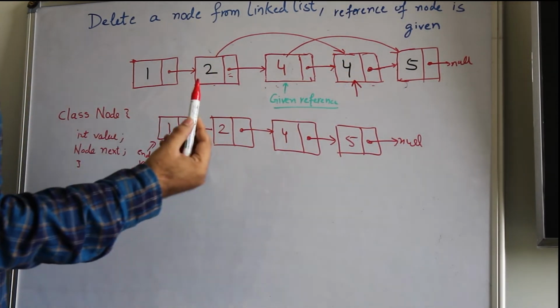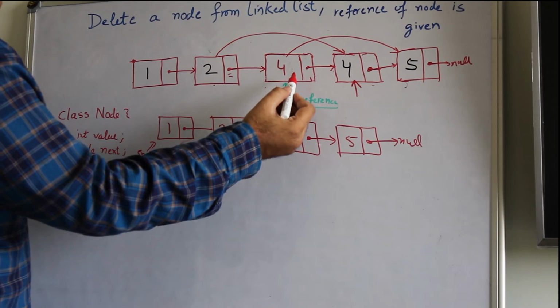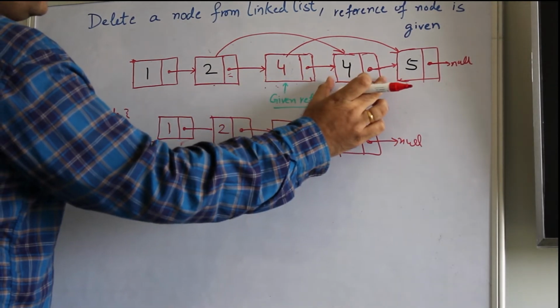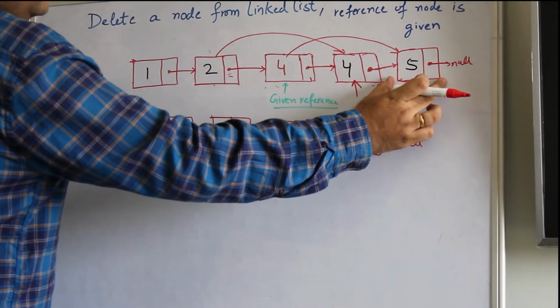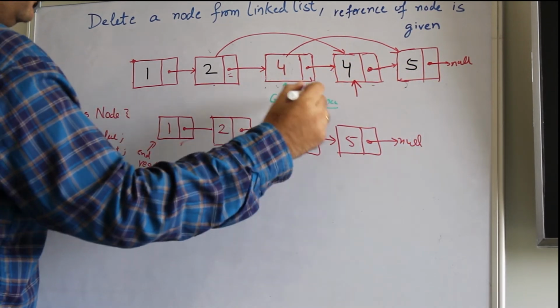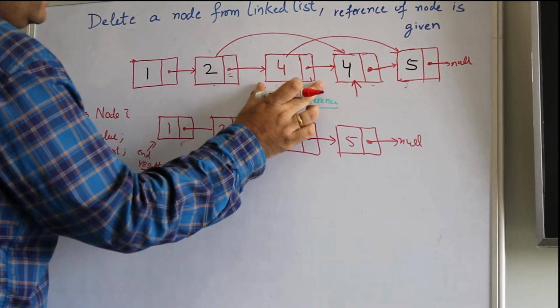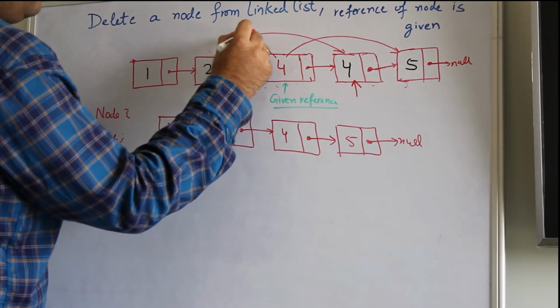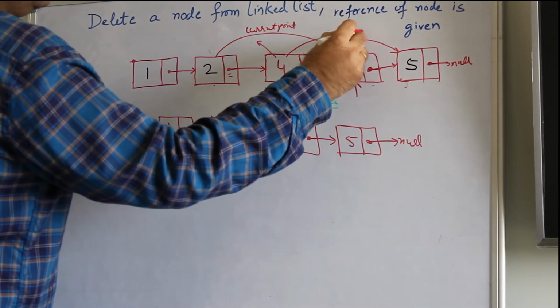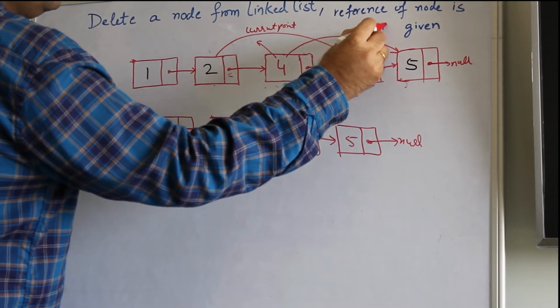So this is how we need to approach it. One more time I will explain: you need to copy the next of this. So you will have two pointers. One is the current pointer, and this you will have the next pointer.